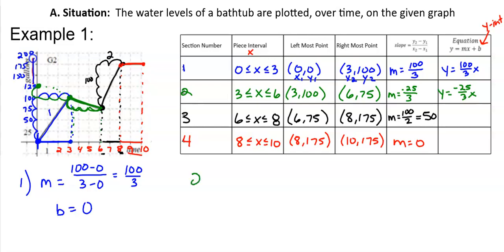So for our second segment, our b is at 125, and I can tell that just from using the graph. So plus 125.